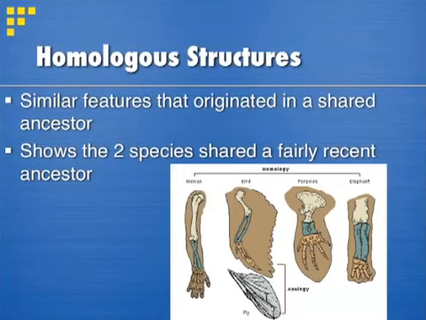For instance, the bones in our forearm are very similar to a bird or porpoise or elephant's bone structure in their forearm or wing or flipper, and that shows that we probably came from a similar ancestor that had that same structure, and then each species evolved slightly differently from there.